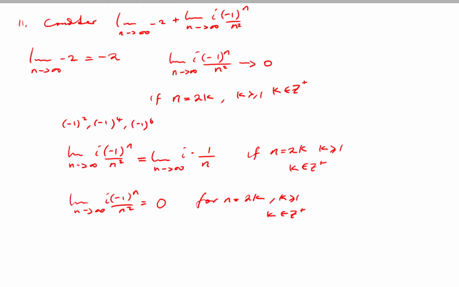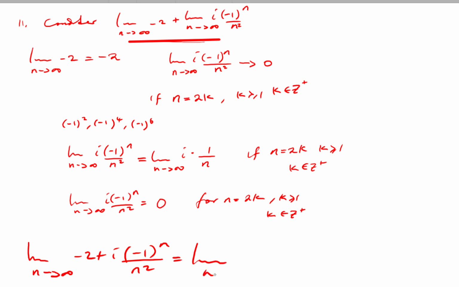So if this part is 0, let me zoom out. For this part, we have negative 2. So simply the limit as n approaches infinity of negative 2 plus i(-1)^n over n squared will simply be equal to the limit as n approaches infinity of negative 2 plus the limit as n approaches infinity of i(-1)^n over n squared.